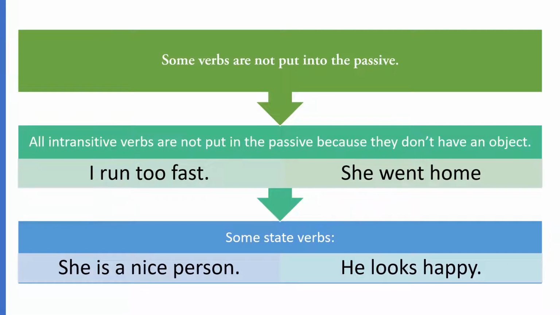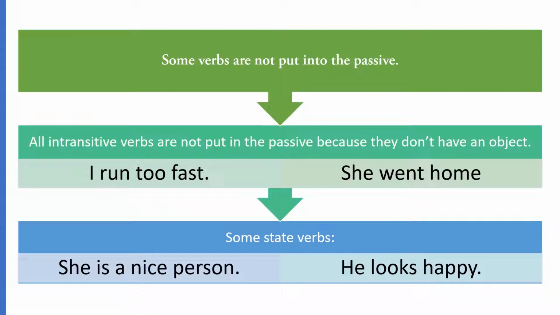Some verbs, however, are not put into the passive. There are some verbs in English that we can't use in the passive voice. We are going to look at just two important types of verbs. One is intransitive verbs. They are not put in the passive because they don't have an object, and we know that in the passive voice the object is the most important thing. So look at this: "I ran too fast."